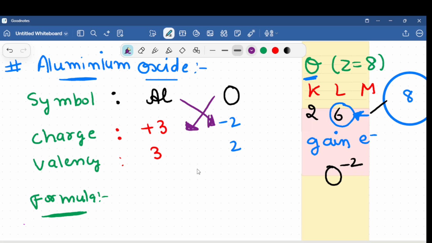So by crossover we simply mean that the normal valency of aluminium we will write in the bottom right of this oxygen, and the valency of oxygen will be written in the bottom right of aluminium. So here we can easily devise the formula of aluminium oxide, that is Al2O3.